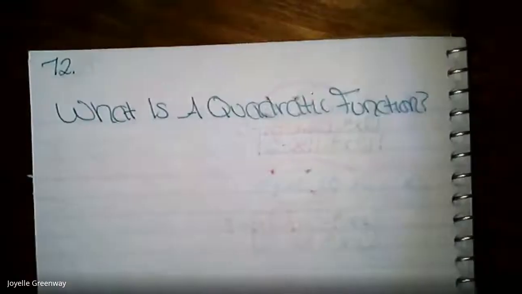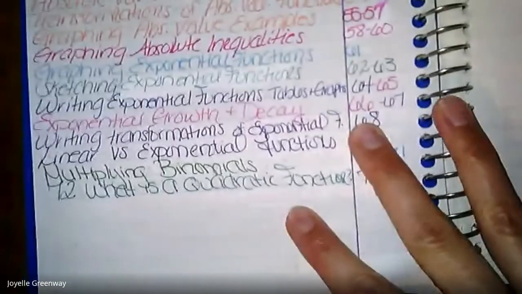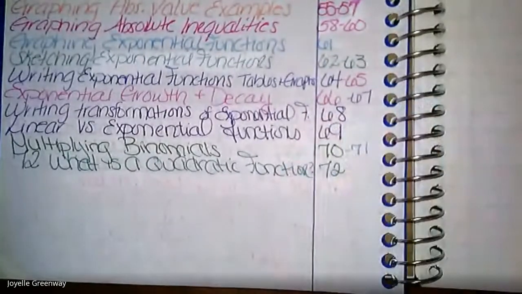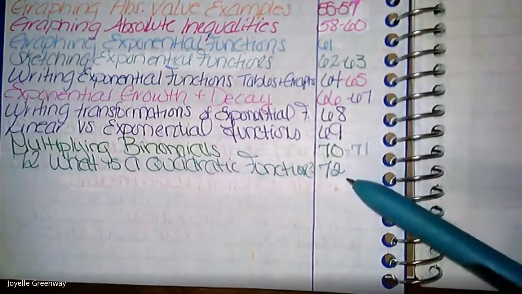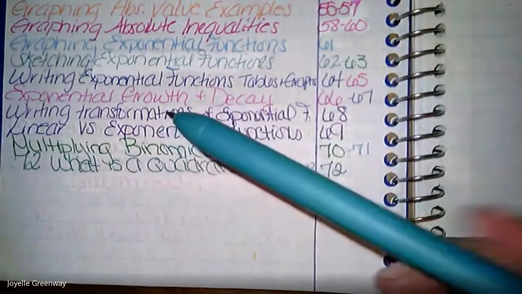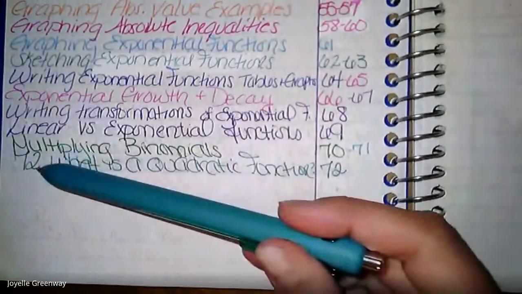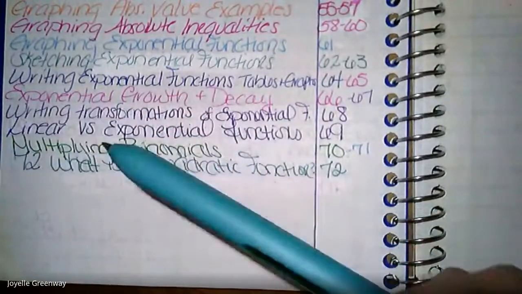Okay, so let's talk about the structure behind a quadratic function. So I'm going to turn my document camera on and open up to my table of contents. Oh, sorry, we're backwards. Okay, so we talked about multiplying binomials last time. So today we are adding in, I don't know why, you guys, I am on the struggle bus.